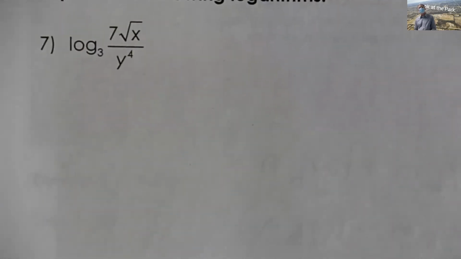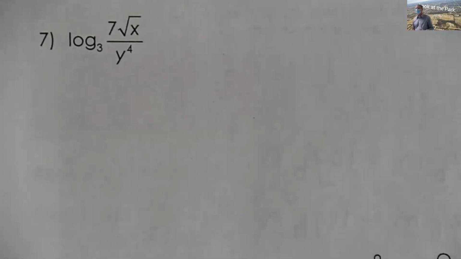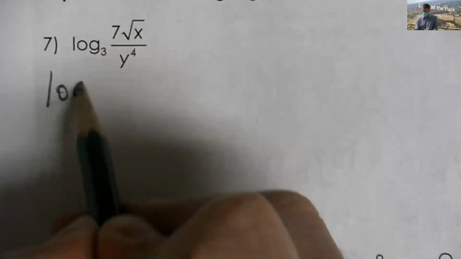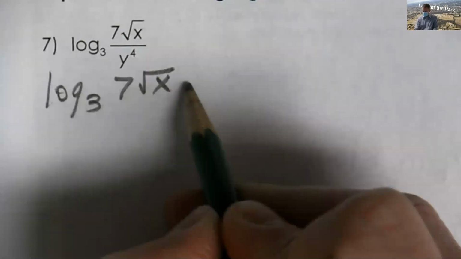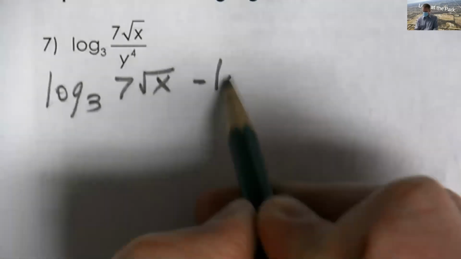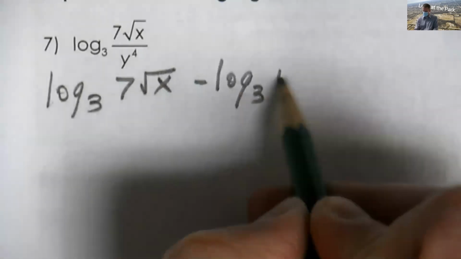You're going to break it apart. So one of the things you see here is a fraction. It is a logarithm of a fraction. So we're going to write it as log base 3 of 7 square root x minus log base 3 of y to the 4th.